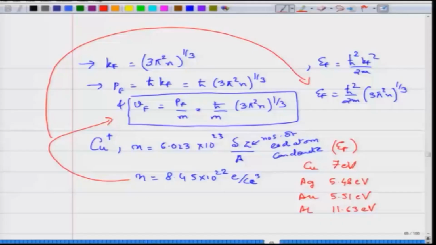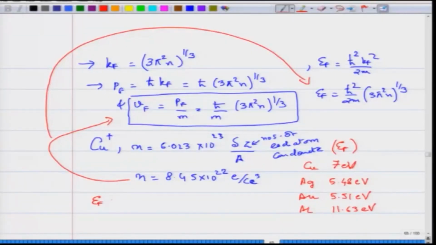These are of the order of a few electron volts. In copper it is 7 electron volts. In silver it is 5.4, 5.5. Silver and gold have similar Fermi energies of 5.5. Aluminium has 11. So, these are very large energy scales being generated inside the solid, and again, I repeat, it is because of quantum mechanical considerations.